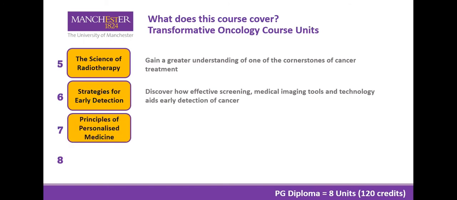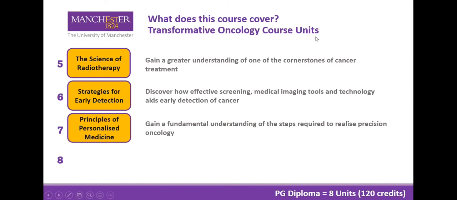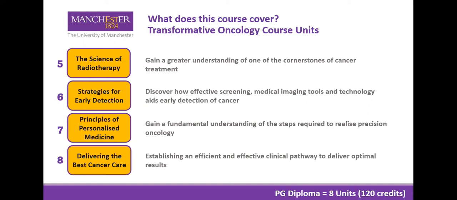As we start to talk about the principles of personalised medicine, this is really about gaining a fundamental understanding of the steps that are required to realise precision oncology. And the final short unit is around delivering the best cancer care. So ways to establish a really efficient and effective clinical pathway to deliver optimal results to patients with cancer.